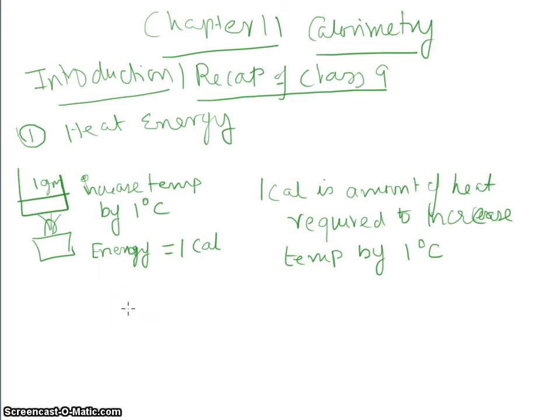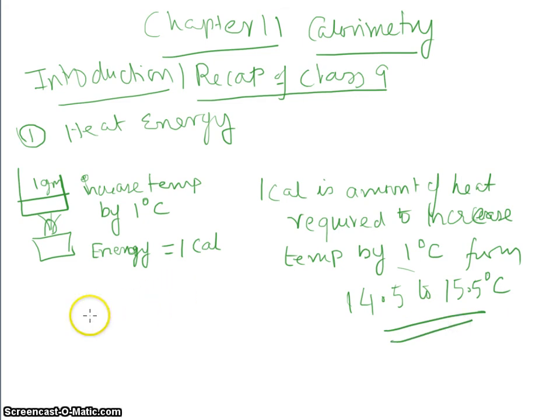As you heat, the water expands, and the amount of heat that you have to give may be slightly higher. So for this reason, you have to be a little bit more accurate. 1 calorie is the amount of heat required to increase temperature by 1 degree Celsius from 14.5 to 15.5 degrees Celsius.